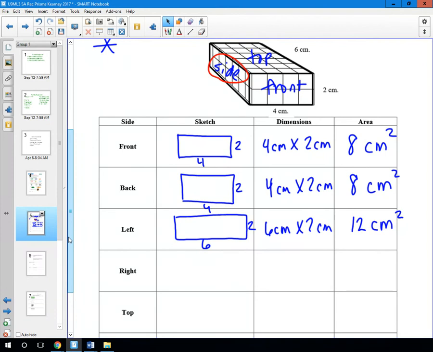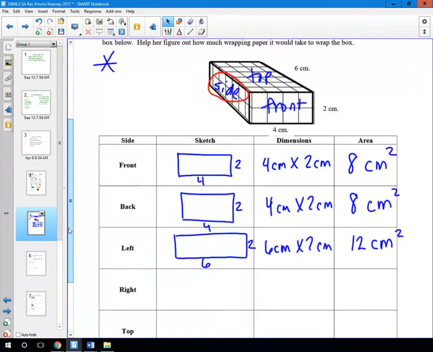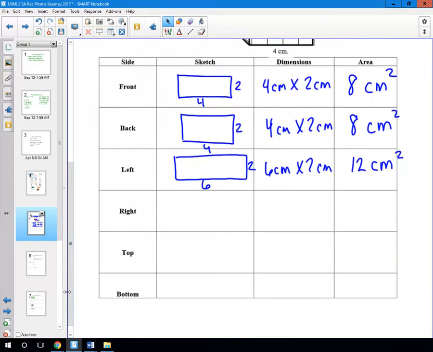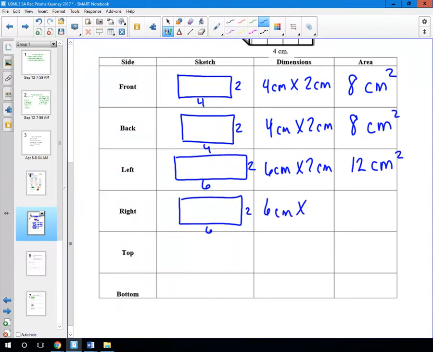Okay? Now the right side, what do you think the right side would look like? The right side would look just like the left. So we would go through and we'd say that's also 6 by 2. So 6 centimeters by 2 centimeters, which would be 12 centimeters squared.